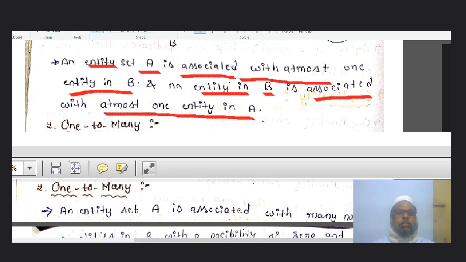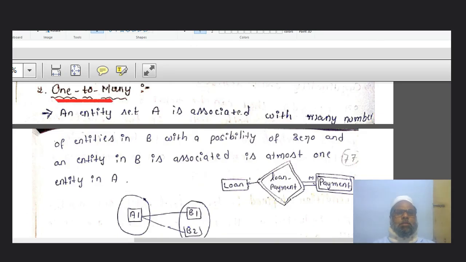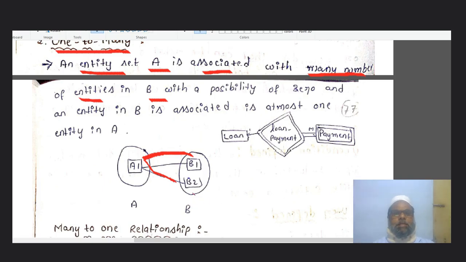Next we will discuss the one-to-many relationship. In a one-to-many relationship, an entity in A is associated with any number of entities in B. Observe this diagram. The A1 entity is associated with B1 and B2, and in entity set B, B1 and B2 are associated with only A1.